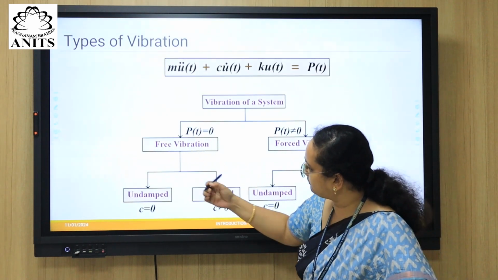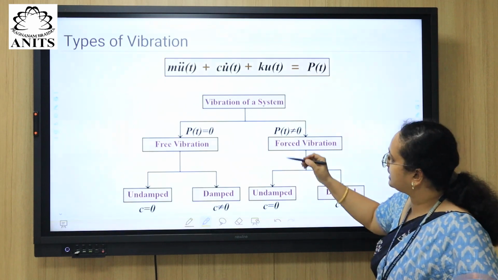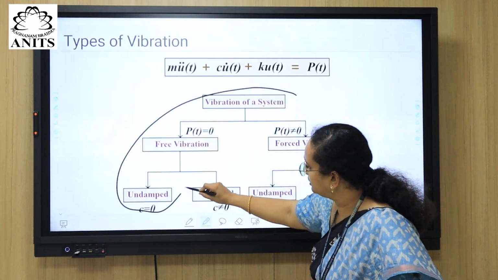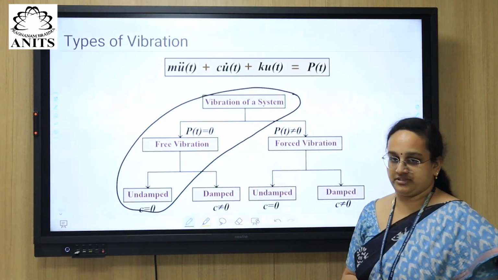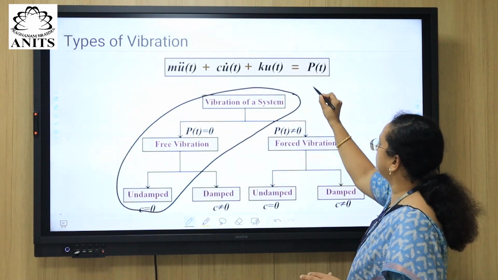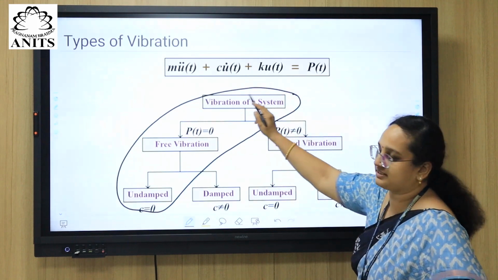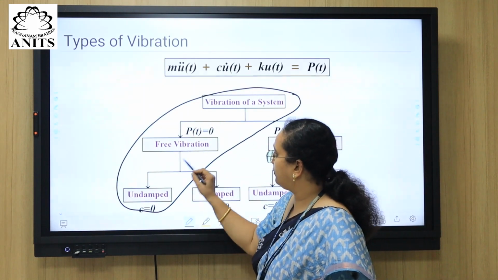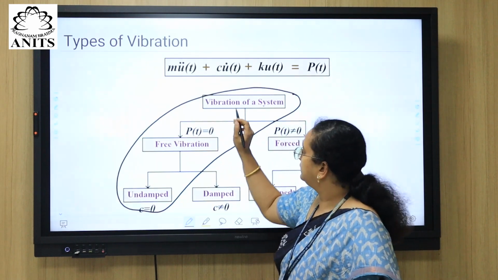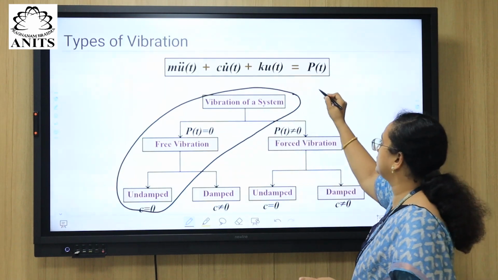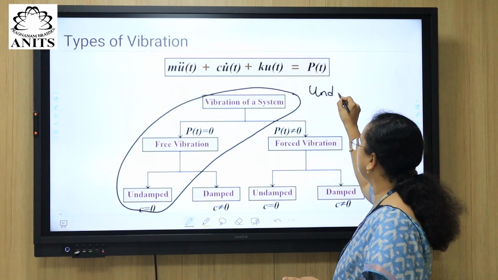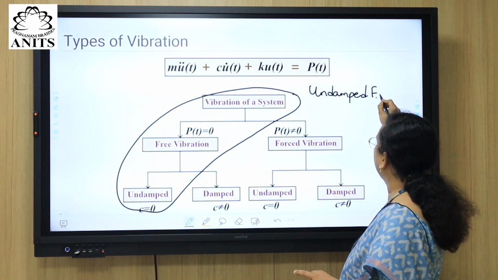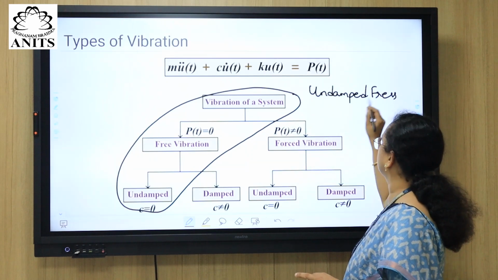So the most simplified understanding is vibration of a system in free vibration under undamped conditions. This is the simplest way of understanding. So if damping is 0 and P is 0, then we are understanding the free vibration. This is called undamped free vibration. This is the fundamental way to solve the equation.